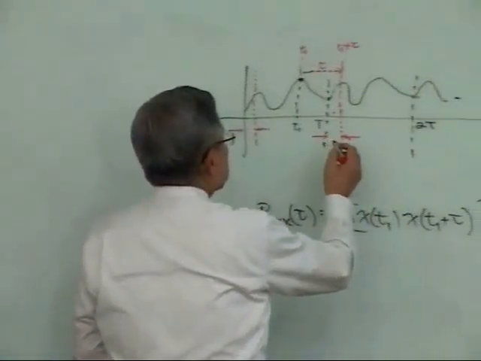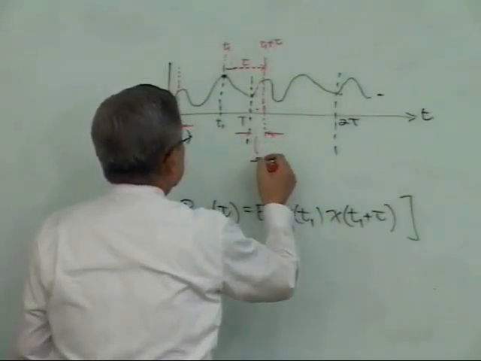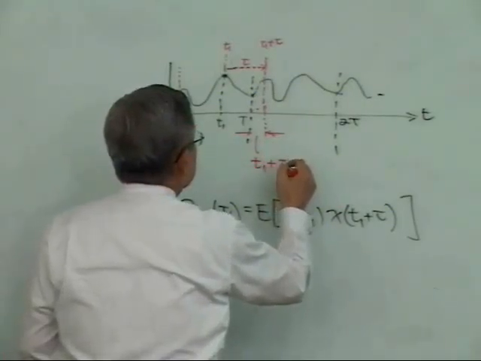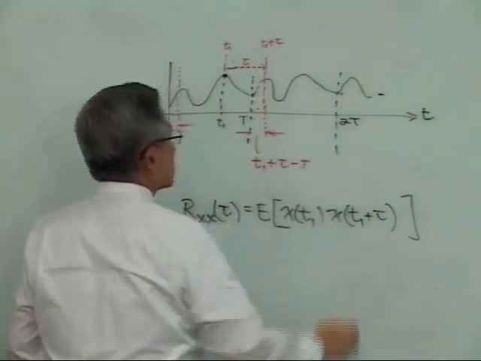So this data is T1 plus tau minus T, isn't it?